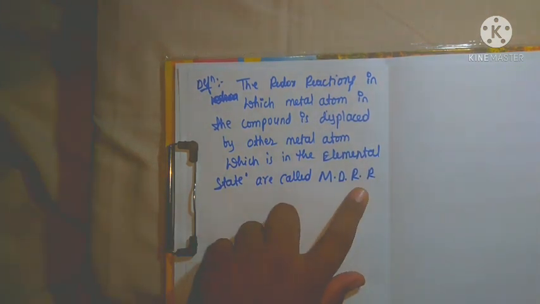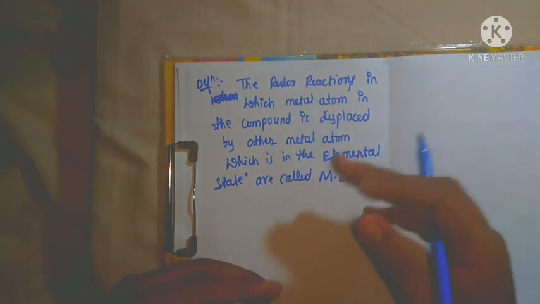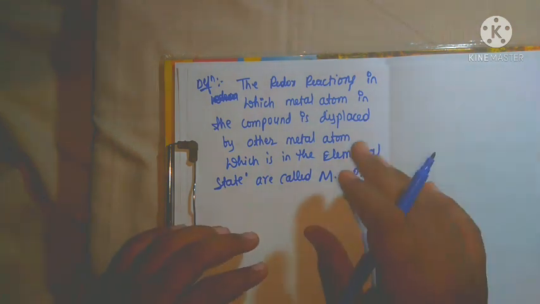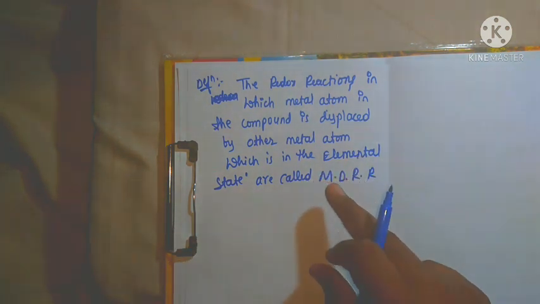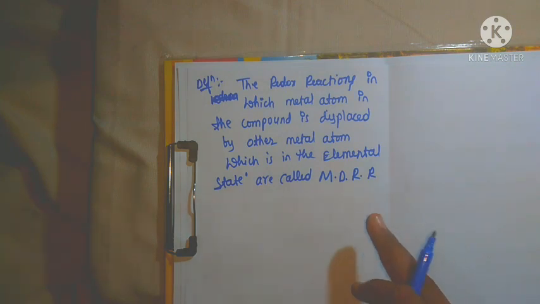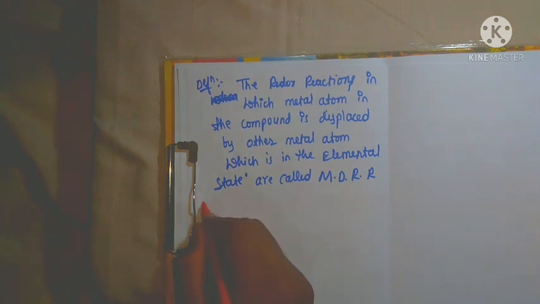The one which is displacing is also a metal, and the one which is undergoing the displacement is also a metal. Now we will see the particular examples.